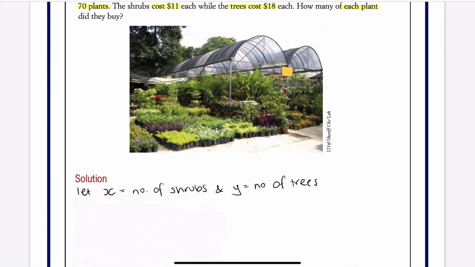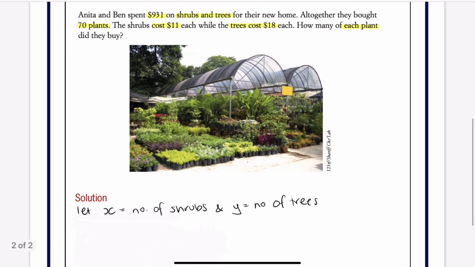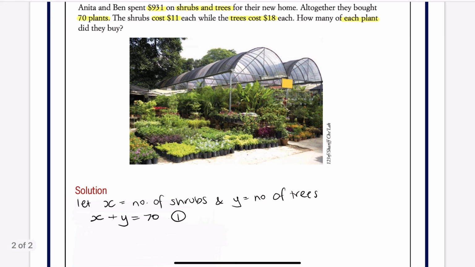Now we need to use those variables to write the simultaneous equations from the information given in the problem. The total number of plants bought is 70. So x, the number of shrubs, plus y, the number of trees, equals 70 plants. This is our equation 1. We also know the cost of each plant: $11 each for shrubs and $18 each for trees, and added up that gives $931.